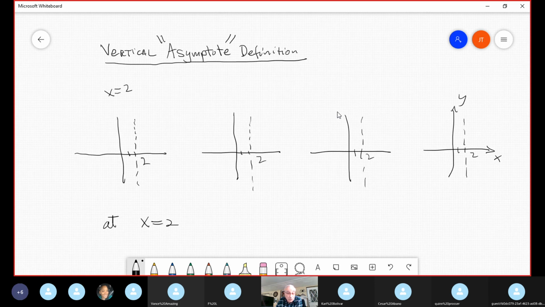But actually the curve does not include the asymptote. That is the reason that we always put it in a dotted line. Then we have several possibilities: like that, like that, like that.